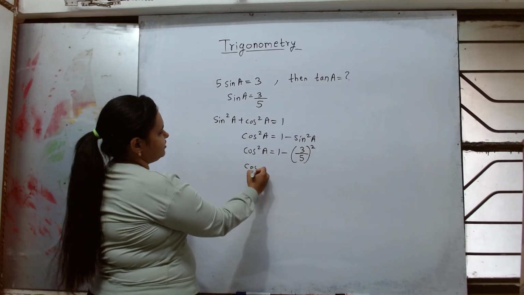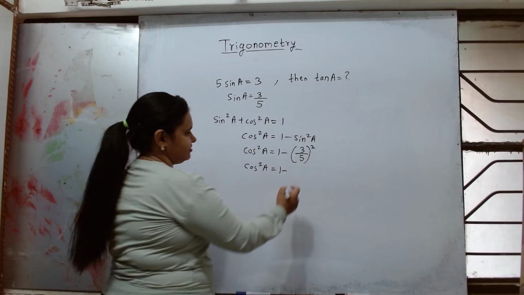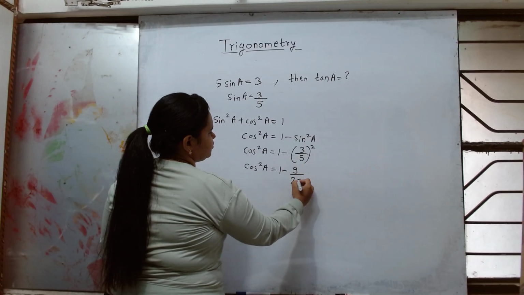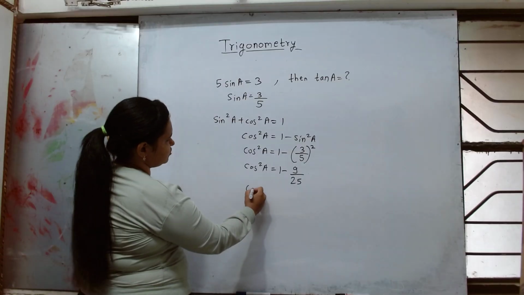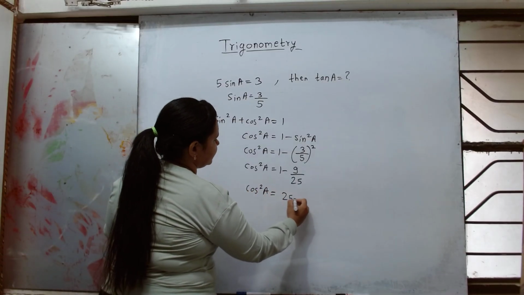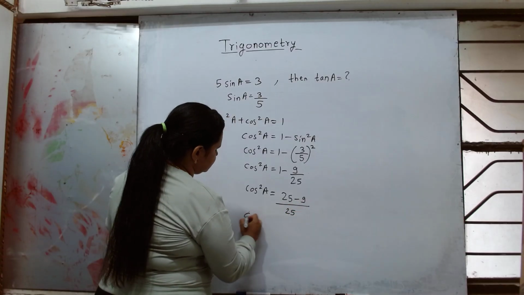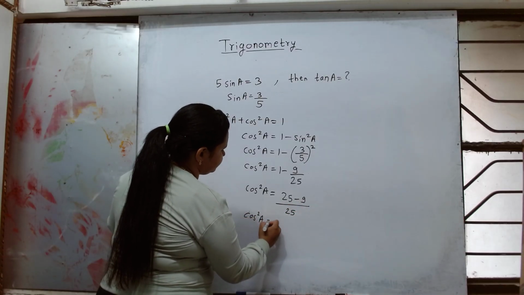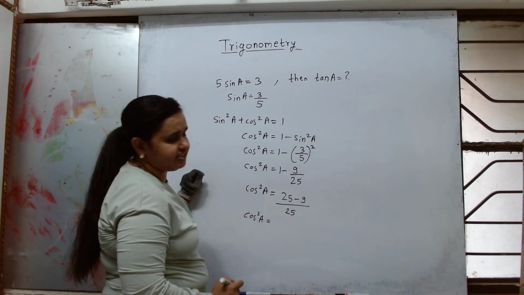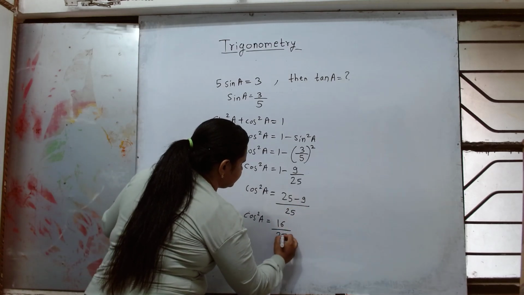Then cos square A will be equals to 1 minus 9 upon 25, which is 25 minus 9 upon 25, that is 16 upon 25.